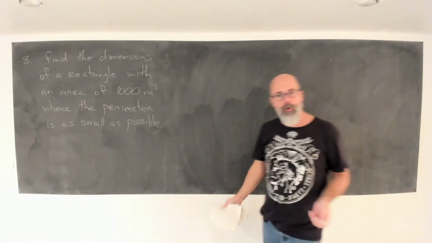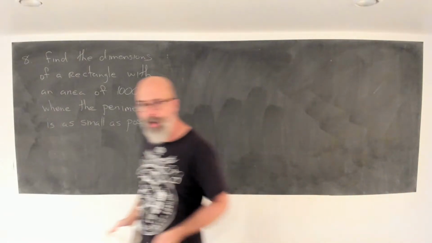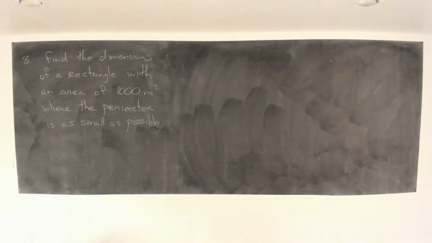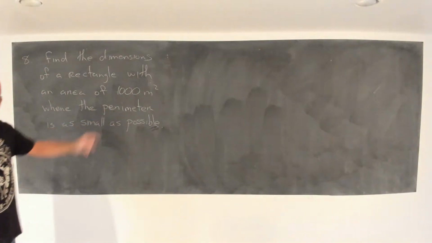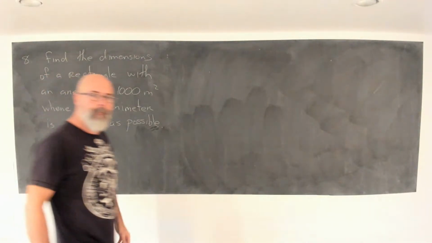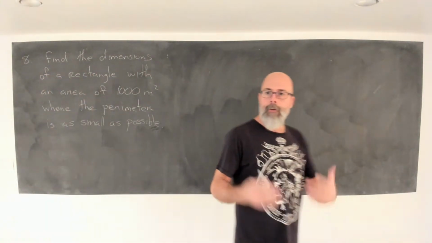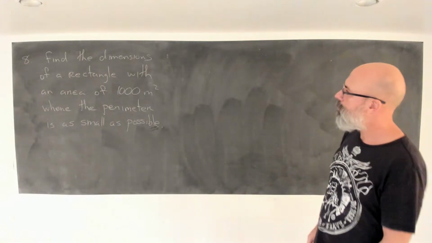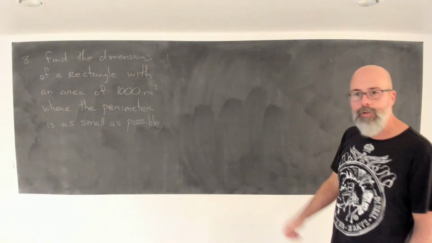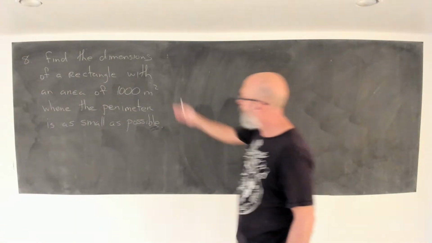You don't want to spend too much money on a fence. So you are looking for the smallest perimeter that still encloses an area of 1,000 meters.